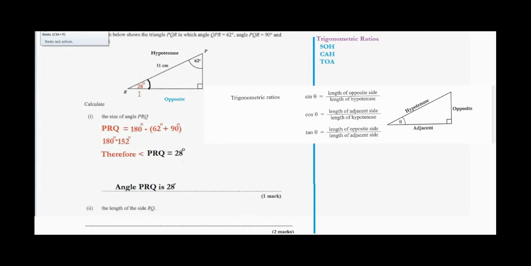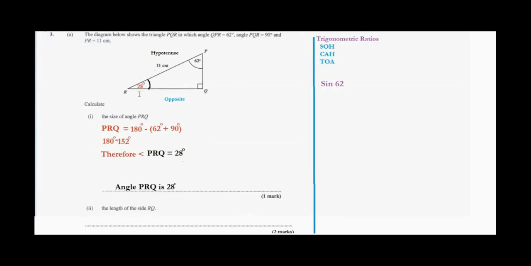So I can say sine theta, which is 62 degrees, and this equal the side that we want to find, which is RQ over the hypotenuse, which is 11 centimeters, right? So we can say sine 62 degrees equal RQ over 11.